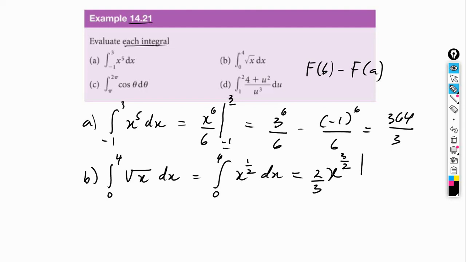And then the interval from 0 to 4. So this is going to equal 2/3 times 4 to the power of 3/2 minus 2/3 times 0 to the power of 3/2. And then this is simply going to equal 16/3.